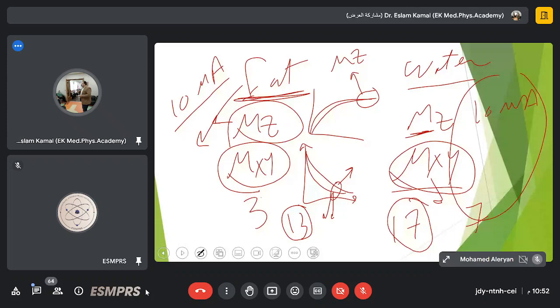So you have to record at a certain time where the MXY for all tissues has the same value, while the only difference between the tissues is based on longitudinal magnetization. Is it clear for you or do you need more explanation for this one?